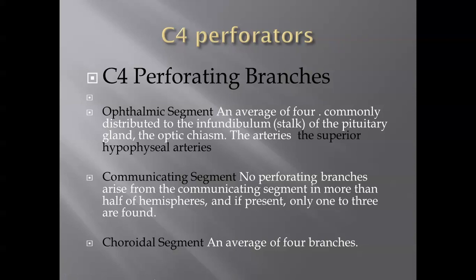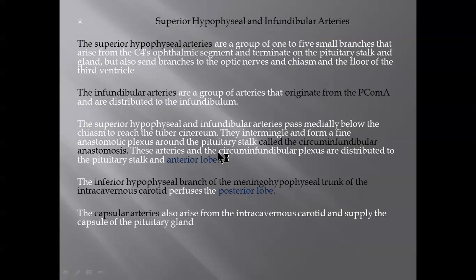The choroidal segment also has two or three choroidal perforating branches of less importance. So the main one is the ophthalmic segment, which, along with the ophthalmic artery, gives the superior hypophyseal artery. The superior hypophyseal artery supplies the floor of the third ventricle, the optic nerves and the pituitary stalk.